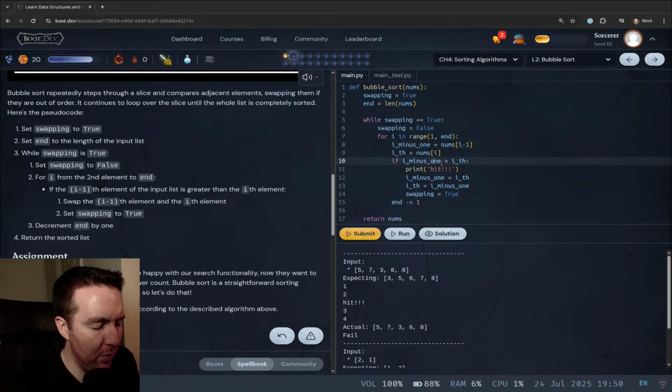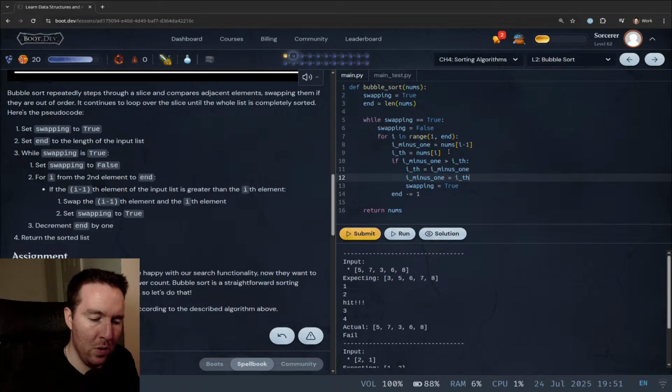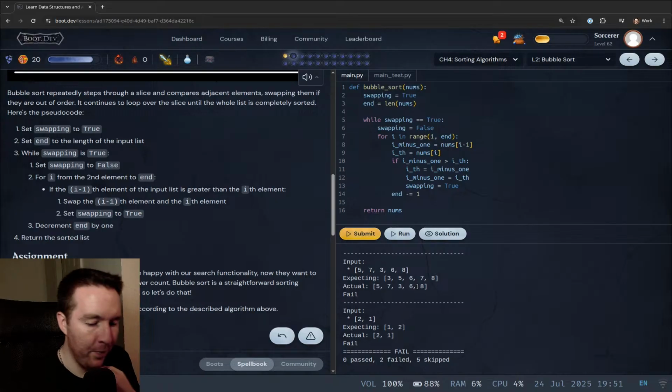So if the nth minus 1 element is... swap the... so swap these rounds equals... What am I doing wrong here?